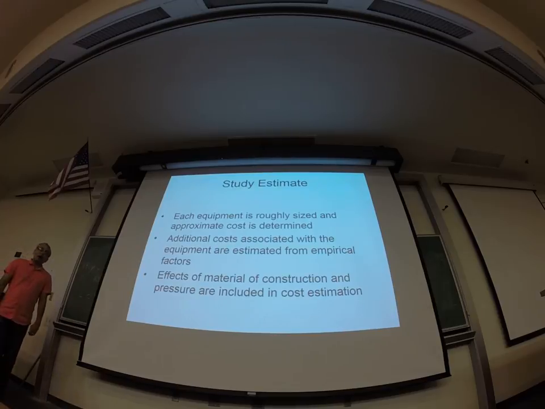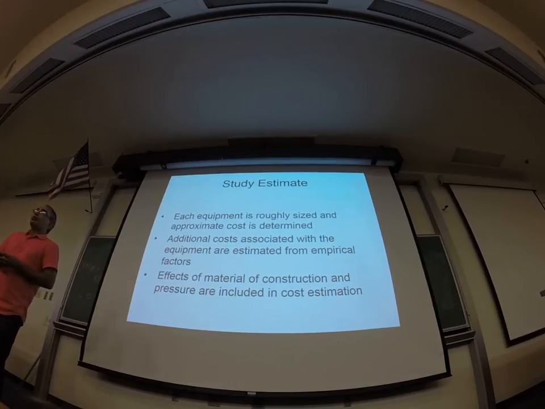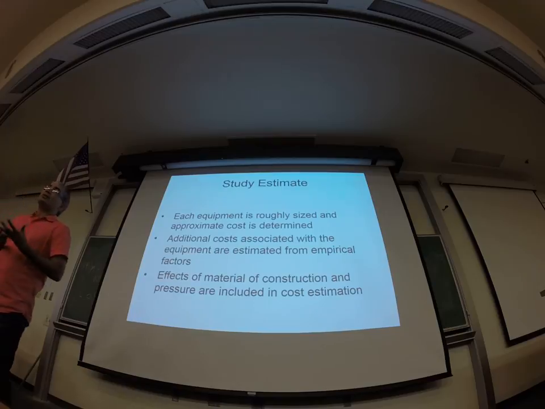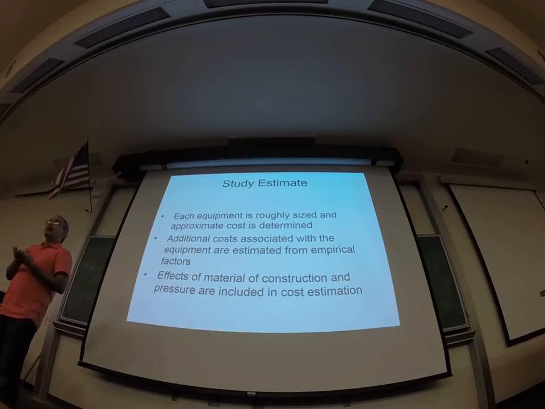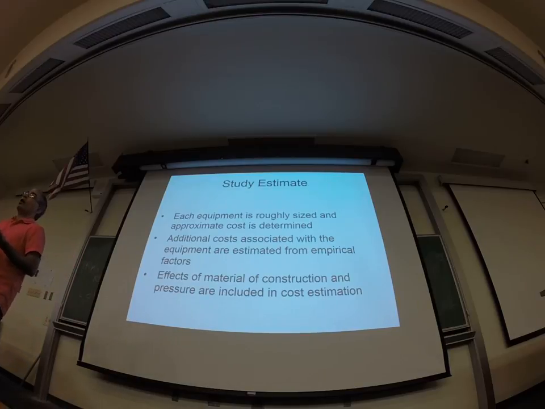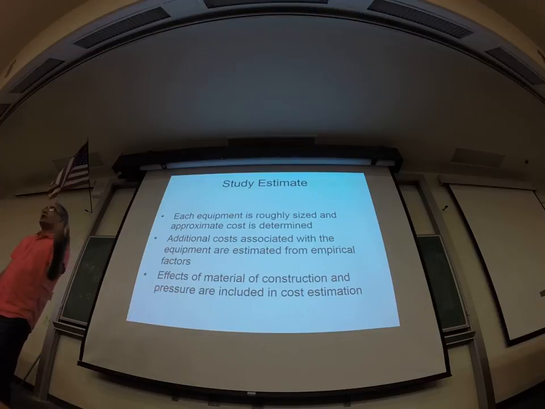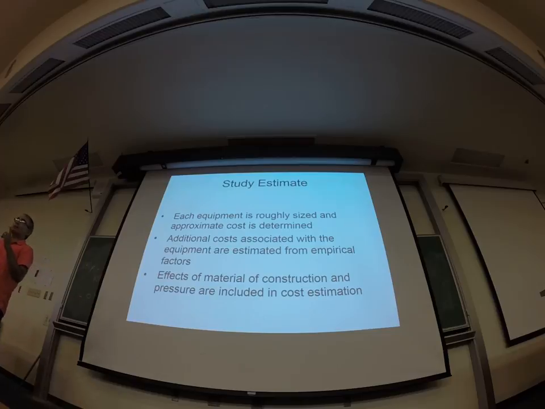However, if you think about it, you want to put in equipment, and equipment will cost a certain amount of money. But in addition, to have that equipment installed, there are other costs you'll incur, like shipping, labor, materials, insurance, taxes, consulting, engineering costs.